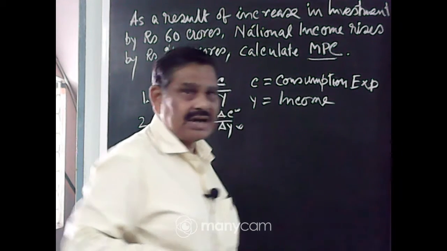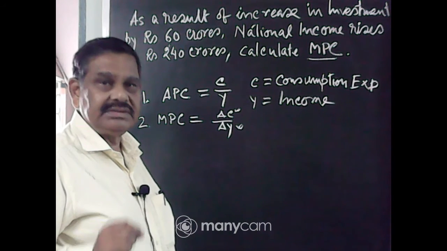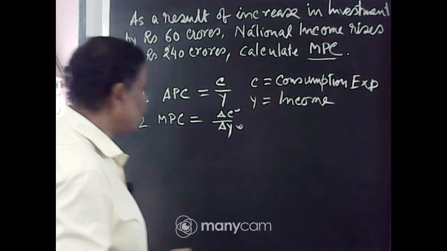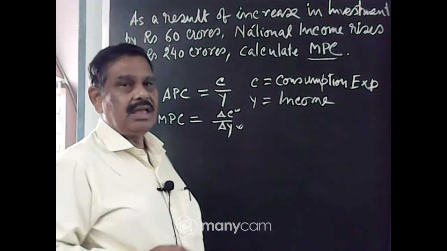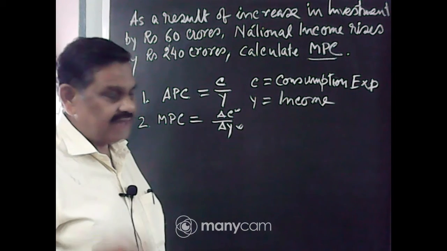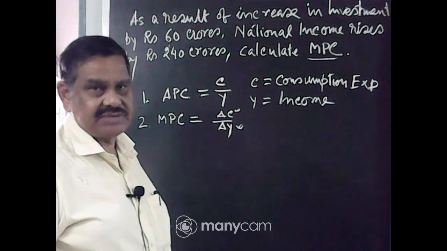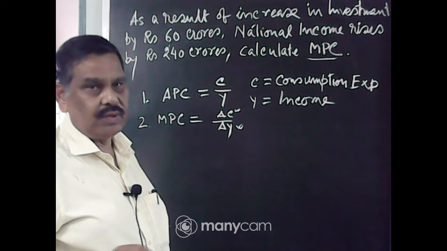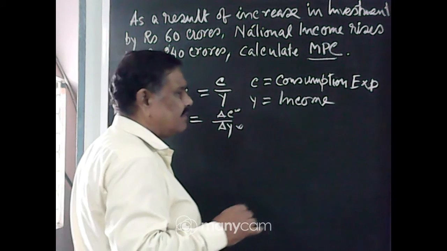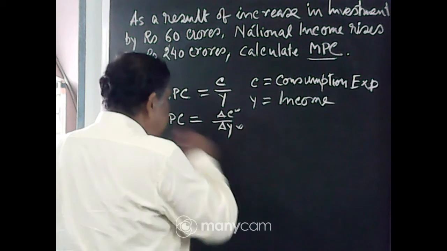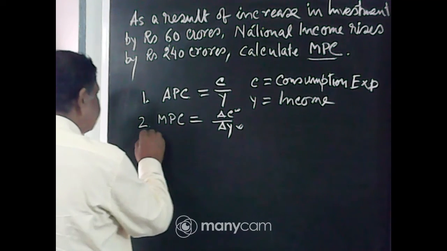So delta Y is equal to 6,000 minus 5,000, that is 1,000. And consumption was rupees 4,000, now it has become 5,000. So delta C is equal to 5,000 minus 4,000 is equal to 1,000. That is the increase in both income and consumption, called delta Y and delta C.